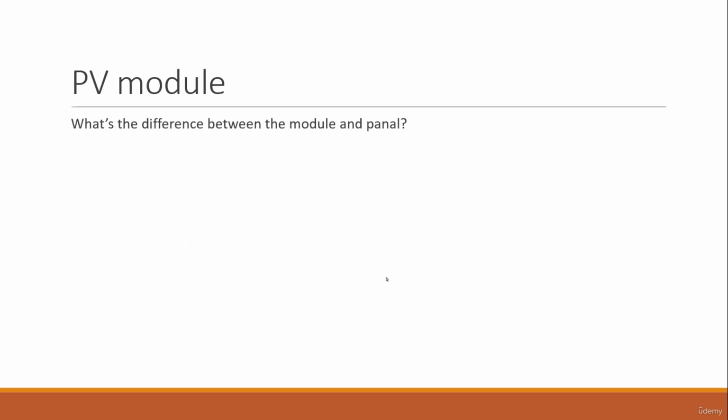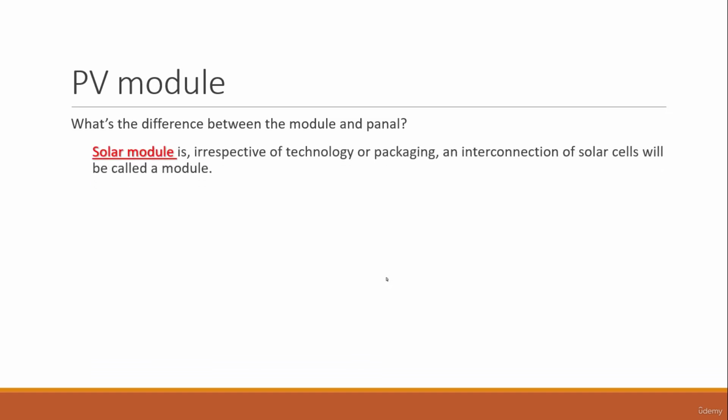What is the difference between the PV modules and PV panel? Is there a difference? Of course there is a difference between the module and panel. A module basically represents the topology or technology and the packaging of interconnected solar cells with each other.